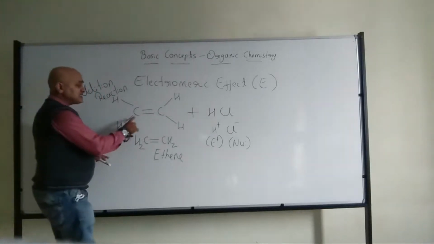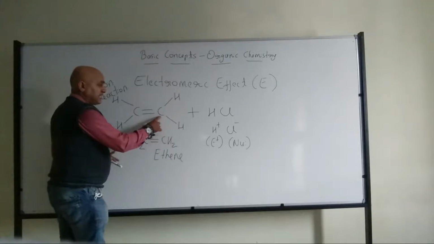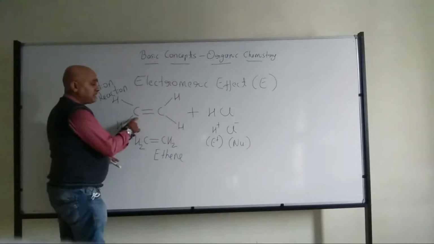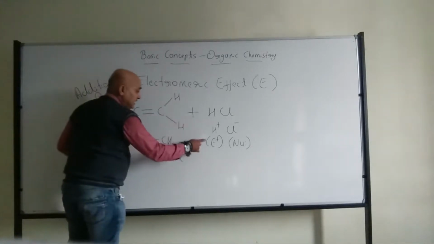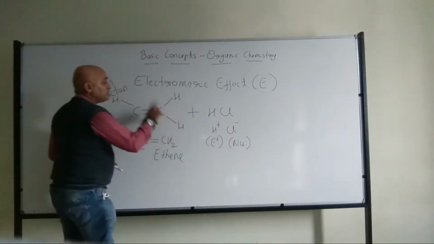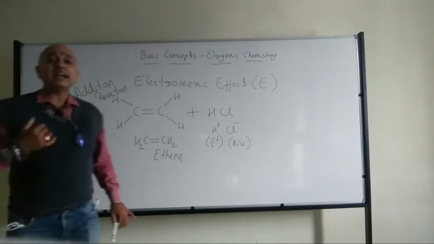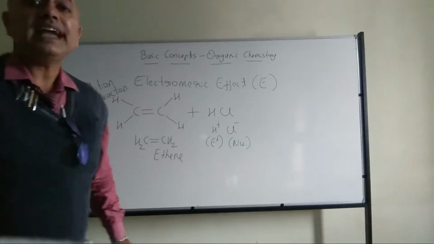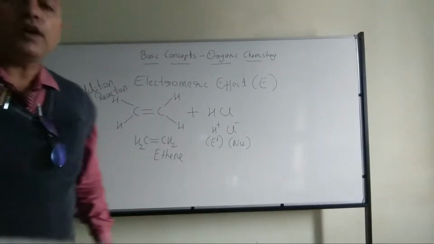This carbon will tell the other carbon, my dear friend, I will take the electrophile with me, you take the nucleophile with you, so that we can go with the addition reaction. Got my point? Ethene is a symmetric molecule.